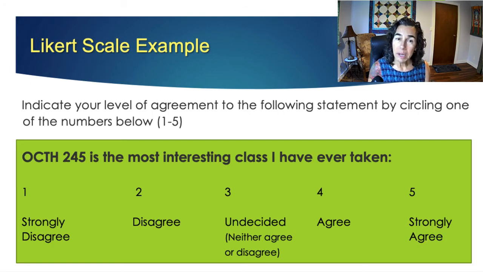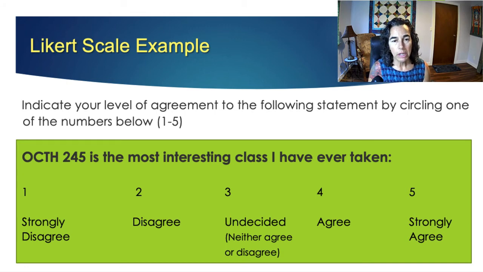Okay, so first up is a Likert scale. And a true Likert scale is based on an amount of agreement to disagreement. So this is a true Likert scale. Indicate your level of agreement to the following statement by circling one of the numbers below on a scale of 1 to 5. So we want to explain what we're asking them to do, not just assume.